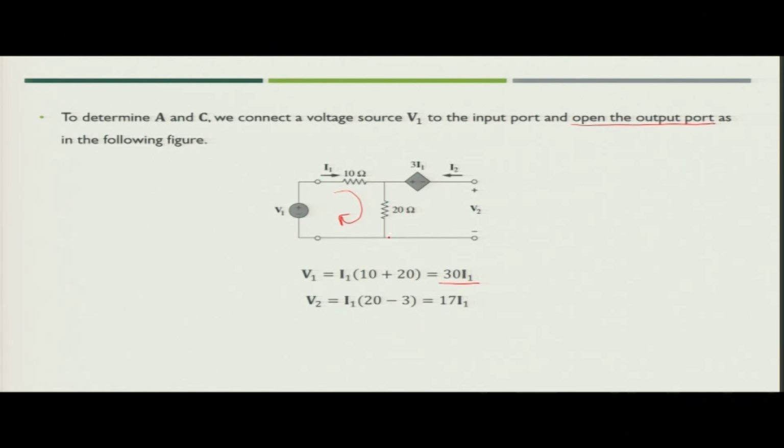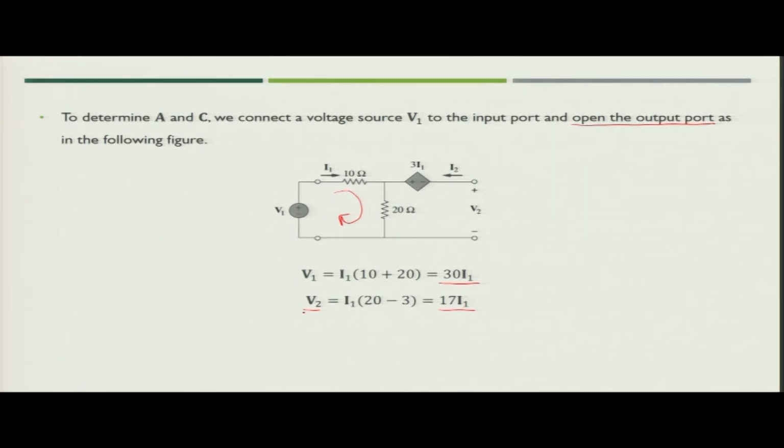So, the voltage drop across 20 ohm will be 20 I1, and since the dependent voltage source is connected in opposite polarity with respect to V2, we will write this voltage drop as minus 3 I1. I1 is common, we take it out, so it will become 20 minus 3. So, V2 will now become 17 I1.